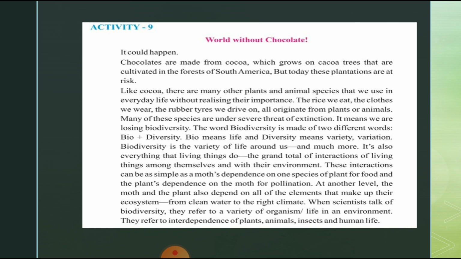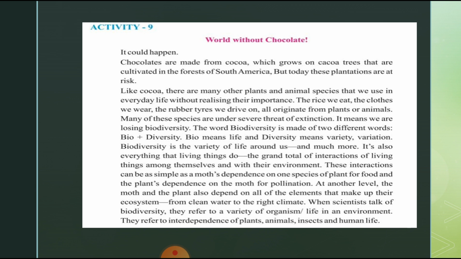At another level, the moth and the plants also depend on all the other elements of their ecosystem, from clean water to the right climate. In this way, they are dependent on each other.